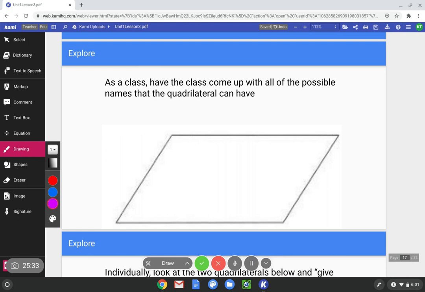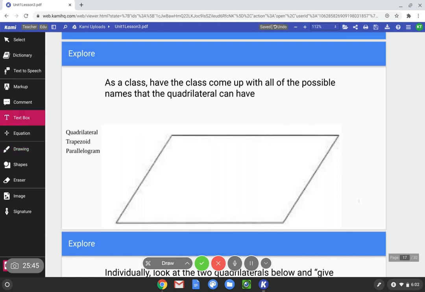So now we are going to come up with all the possible names that the quadrilateral can have. Take 30 seconds to write down all the names and categories this shape goes into. Remember, it takes practice to start getting the hang of things here. Practice makes perfect. I know it's corny, but it's true. So we start broad.